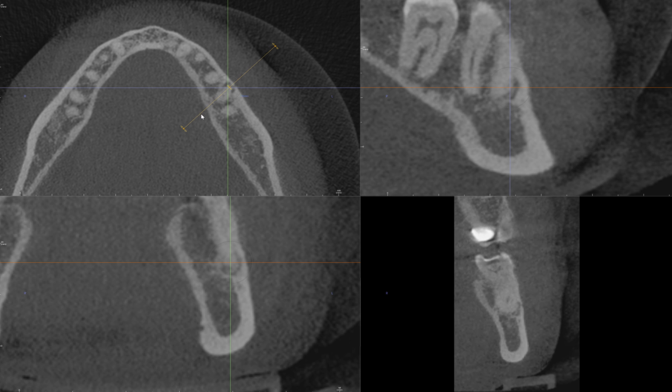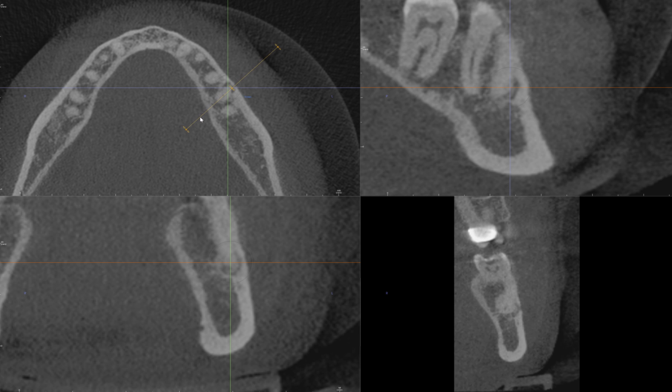I think the most apparent change that I'm seeing is that it's no longer entirely radiolucent, but rather it demonstrates radiopacities that are scattered throughout this radiolucency. So now it has become a mixed density lesion radiographically.